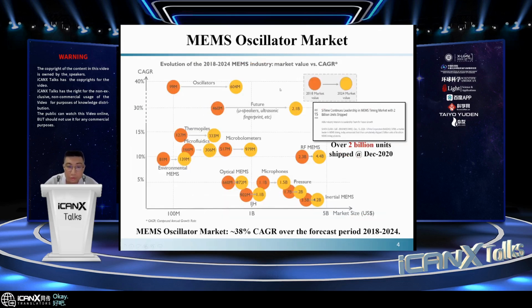According to Yole Développement, the MEMS-based oscillator market is expected to reach 600 million by this year. This data is not updated, so I should update it with a new one. But we can see here it has a high annual growth rate.